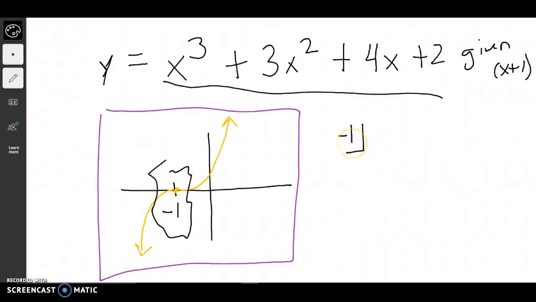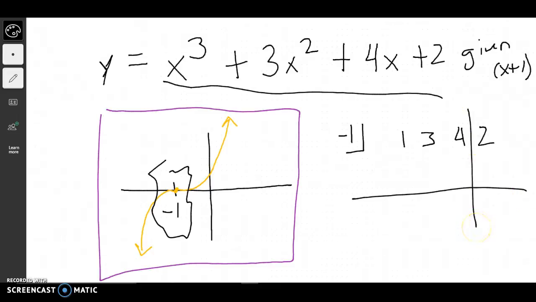So again, we'd use synthetic division for this. Carry down the 1, negative 1, 2, negative 2, 2, negative 2, 0.